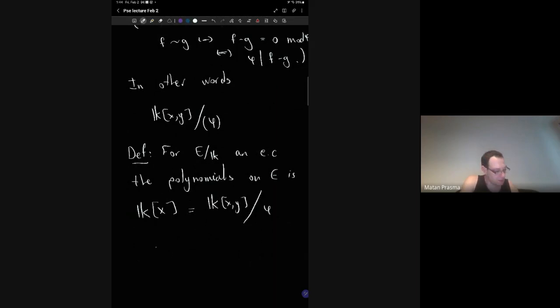Okay, so this is K[x,y] modulo y squared minus x cubed minus ax minus b equals 0.